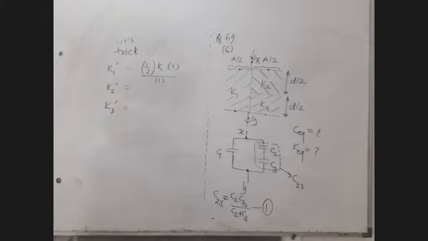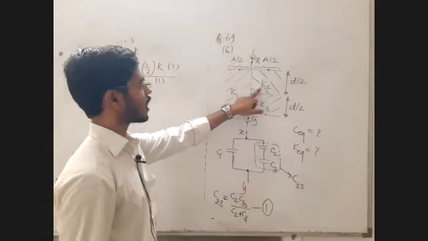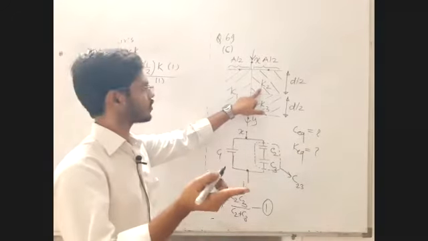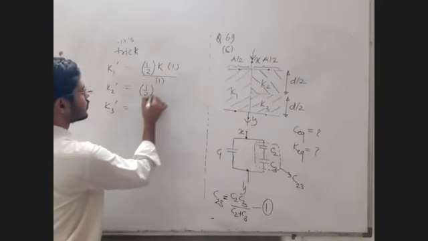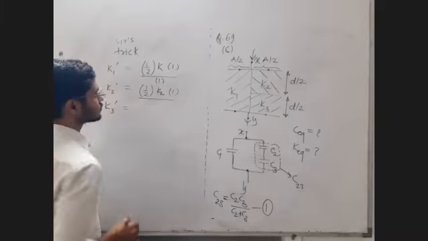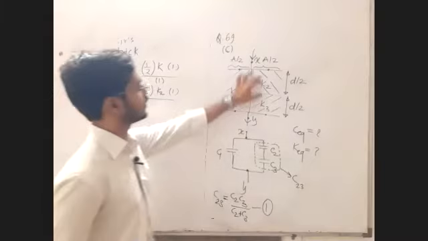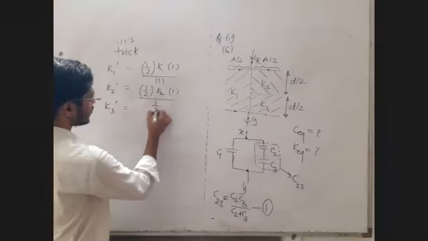Okay. K2 dash. Again I say A K epsilon 0 upon D. Fraction of A is 1 by 2. K is K2. Epsilon 0 has no fraction. D has fraction D by 2, so I write here D by 2 fraction.